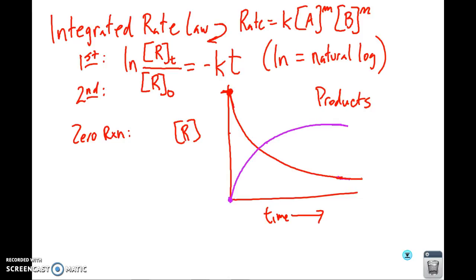So what we're looking at here is if we know the concentrations at a given time, so say at time 5 seconds, is going to be right here. If I know what the concentration was at time 0 and at time 5 seconds, then I can figure this stuff out.